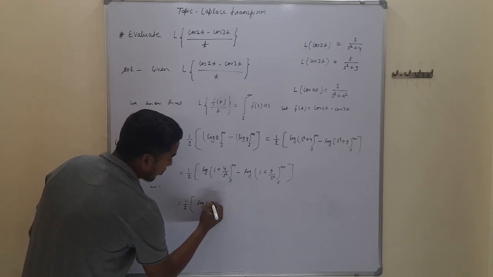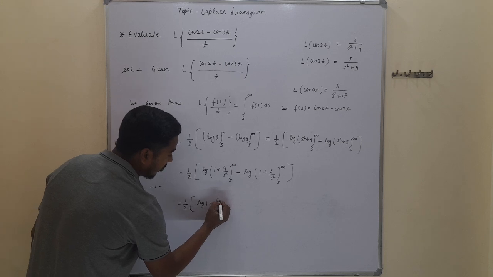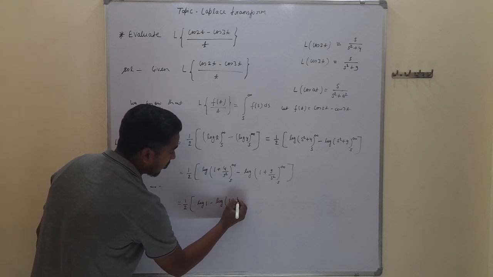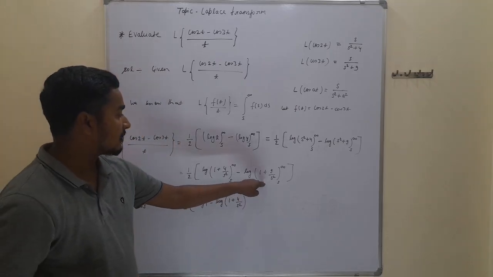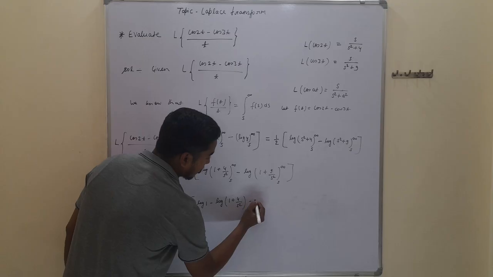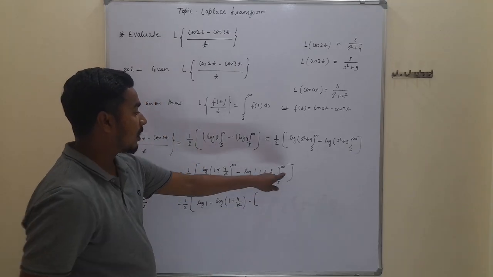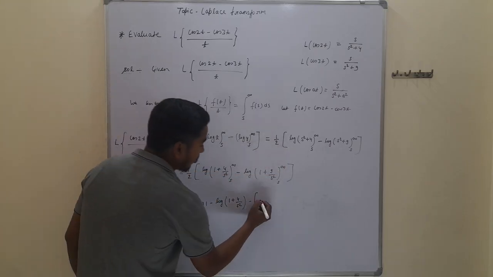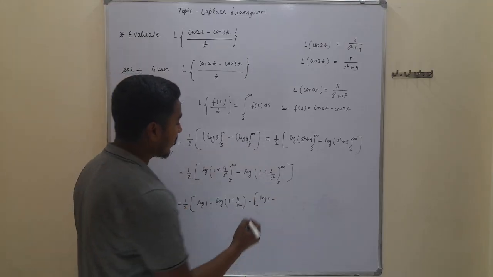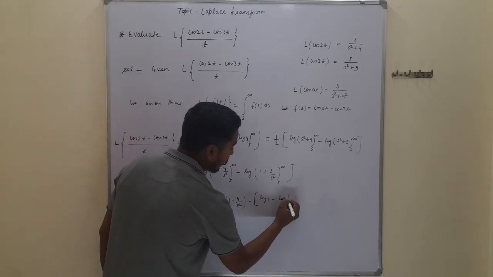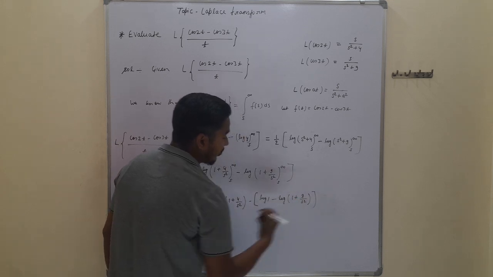This is given by minus, on applying the lower limit of this part, log of 1 plus 4 upon s square. Similarly we put in the limit for this part also, minus is taken outside, and when we apply the upper limit we get log 1, and when we apply the lower limit s we get the similar result, log of 1 plus 9 upon s square, and further we have to solve.